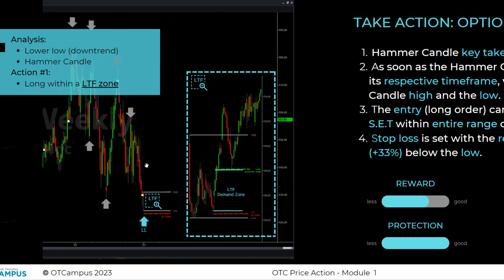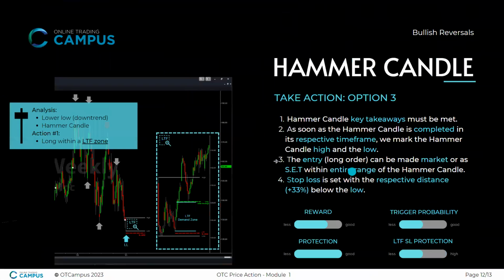It is not right or wrong if you use or skip the 60-minute time frame, for example, or the daily, right? Your job is to identify a lower time frame, high quality demand zone in the full range of your weekly hammer candle.